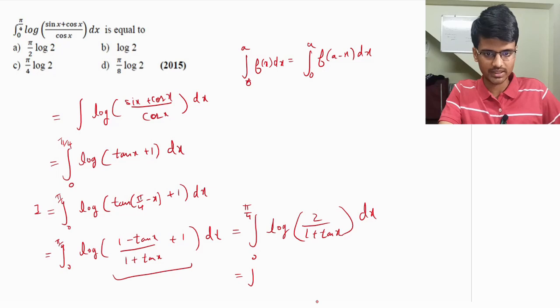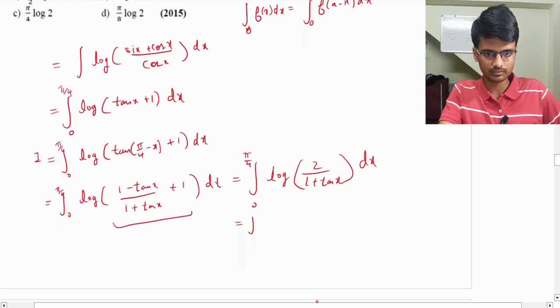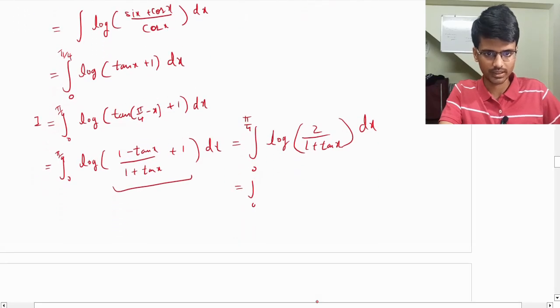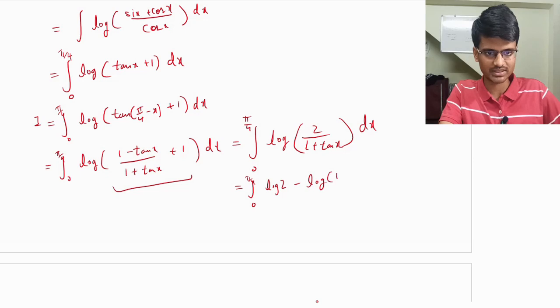On expanding the log, I get the integral from 0 to pi by 4 of log 2 minus log of 1 plus tan x. Log of 1 plus tan x is nothing but our question itself. So this part I can replace with I, right.